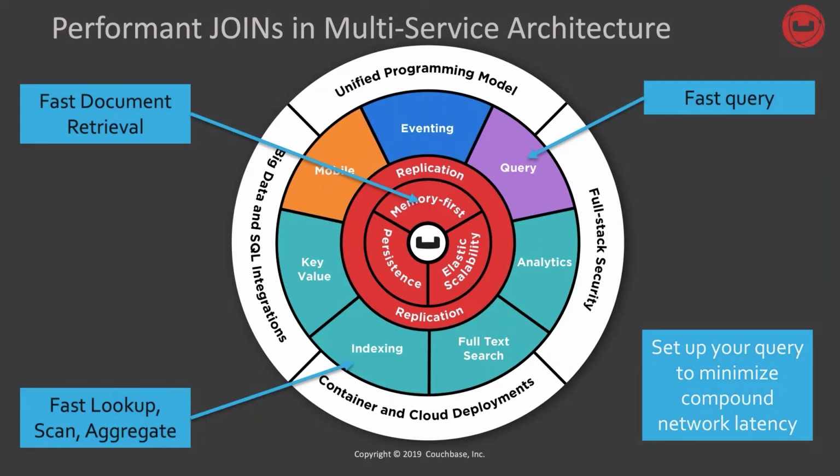The only wrinkle here in Couchbase is, unlike a relational system that is a closely bound set of query functionality, data storage functionality, and index functionality within the same process, in Couchbase, these are actually distributed across different services. There's one service for the actual fast document retrieval, one service for the indexing, and another service for the query service.